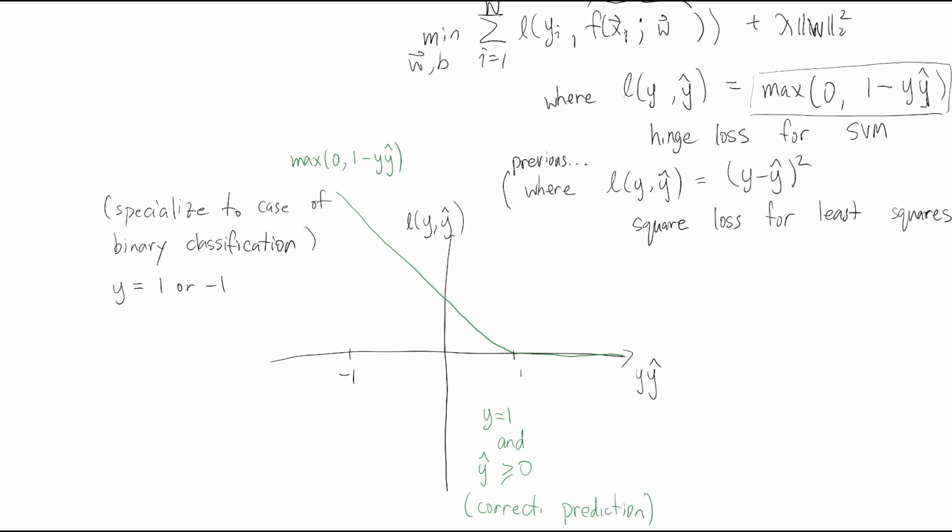When that happens, we incur no cost on the right. Okay, let me get the axis back. We incur no cost to the right. And we incur a little bit of cost in this segment where we're making the correct prediction, but we're within the margin, meaning that the data point is actually below the margin.